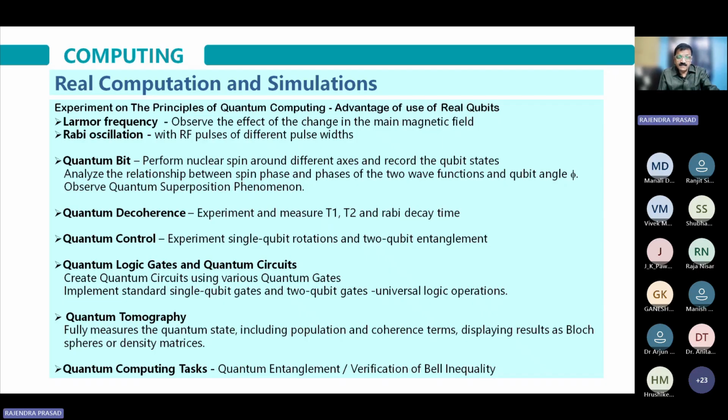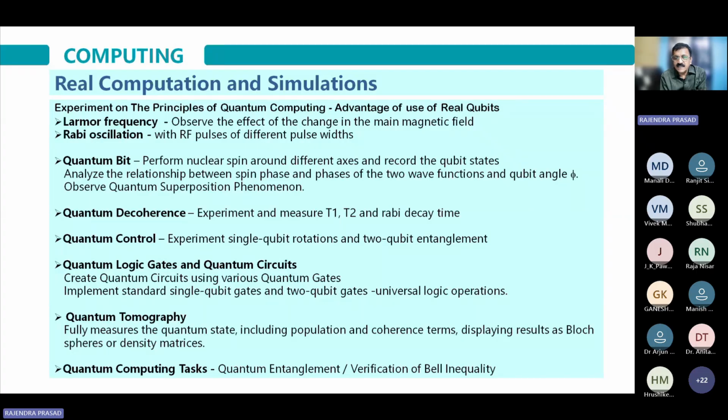Quantum control is experimenting with single qubit rotations, which, if you have a specific rotation, are called quantum gates. And the entanglement, 2 or 3 qubit entanglement in a smaller lab, or multiple qubits if you go to superconducting. Then we have to have an understanding of quantum logic gates and quantum circuits.